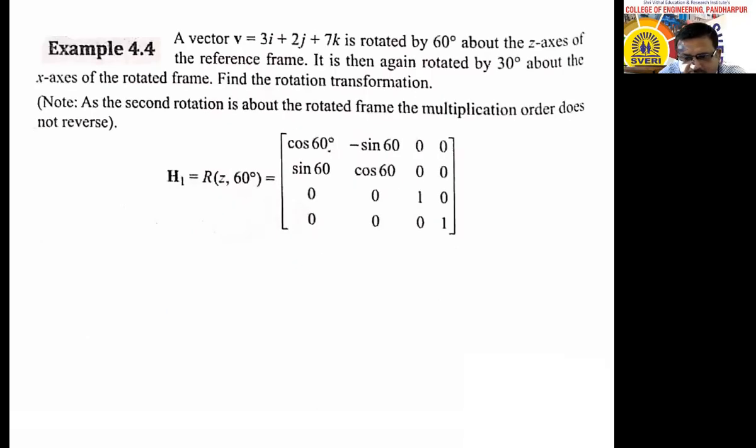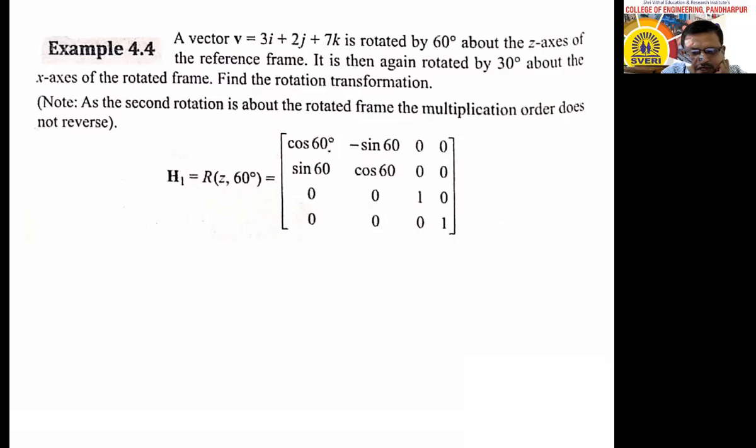Now example 4.4. A vector v is equal to 3i plus 2j plus 7k is rotated by 60 degrees about the z-axis of the reference frame. It is then again rotated by 30 degrees about the x-axis of the rotated frame. Find the rotation transformation.